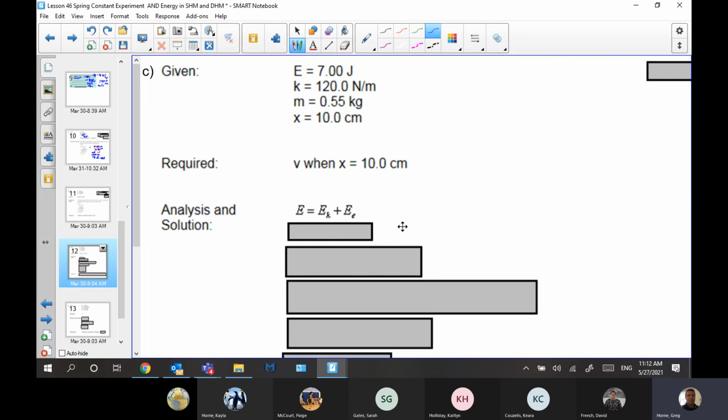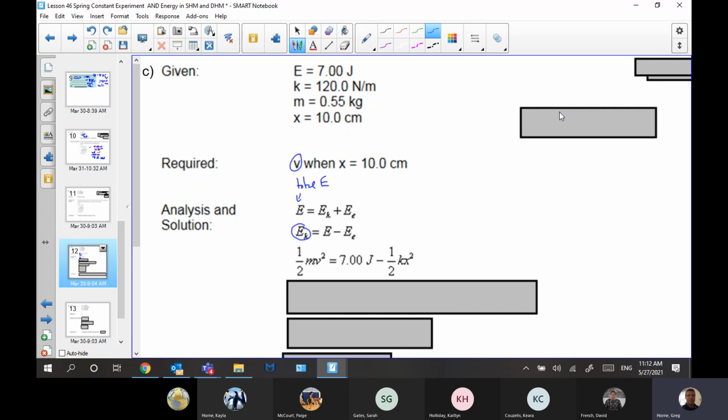So the idea of the total energy of the system. So this is total energy here. That's going to be your amplitude compression stuff. But what do we want? We want the speed. And because we want speed, they're solving for that kinetic energy, so you're going to have 1/2 mv squared equals the other stuff.